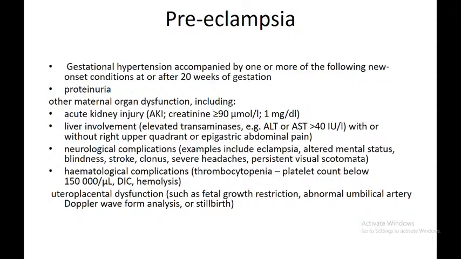So any of this maternal organ dysfunction can be seen in cases of preeclampsia. The criteria for preeclampsia is not only hypertension; it can be any maternal organ dysfunction, like kidney involvement or liver involvement or neurological or hematological.